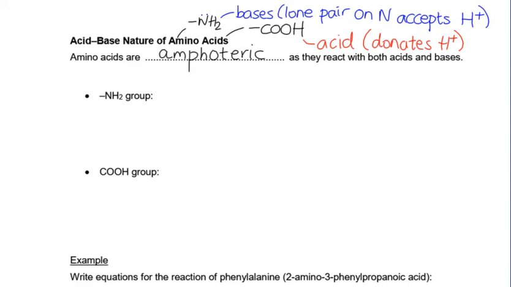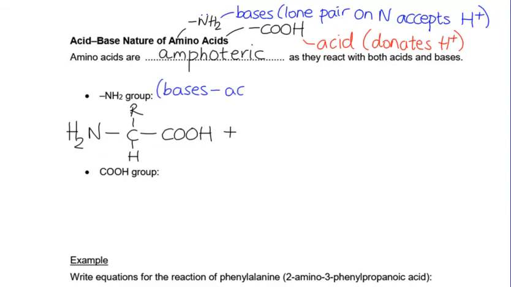So let's take our amino acid structure with its variable R group and its carboxyl group and think about why that could react. Now, amines are bases, so we're going to accept H+.